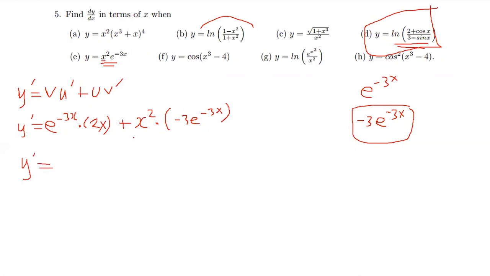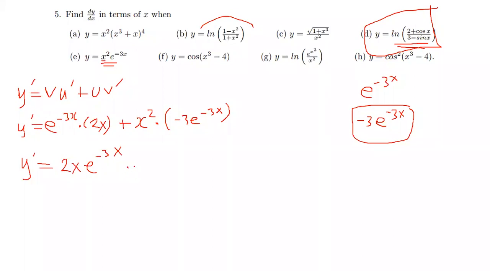So here you just have to multiply this properly. You get 2x e to the power negative 3x, and then plus, sorry, it's going to be minus, because that 3 is a negative 3.